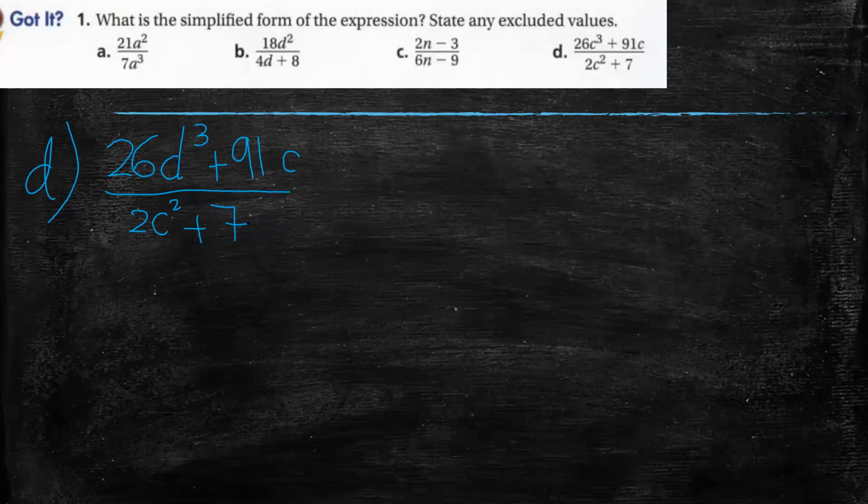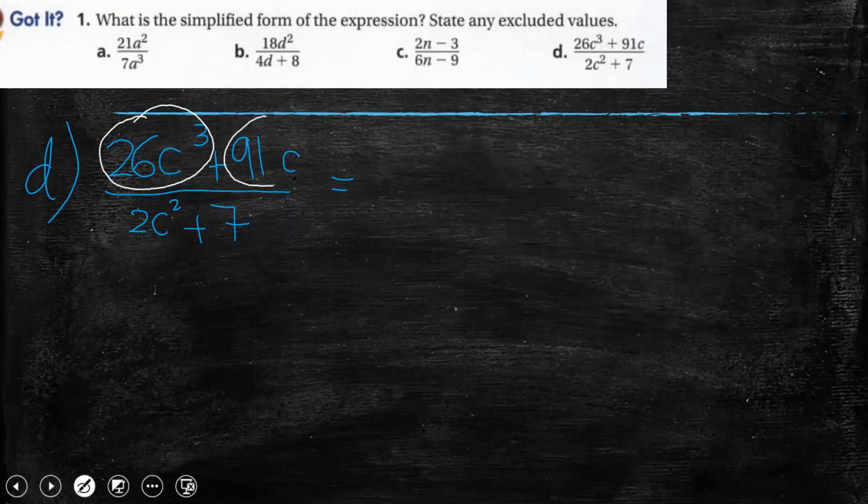Wait a minute. Let's see this one here. Here we have 26c cubed plus 91c. Now, what do you have to do here? Let's look at the first term and the second term.